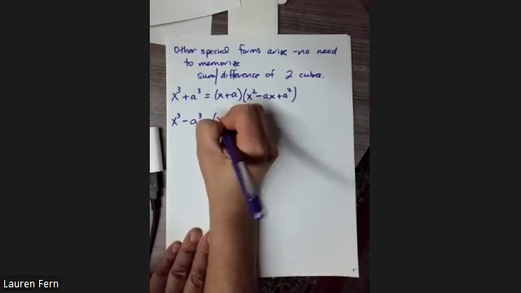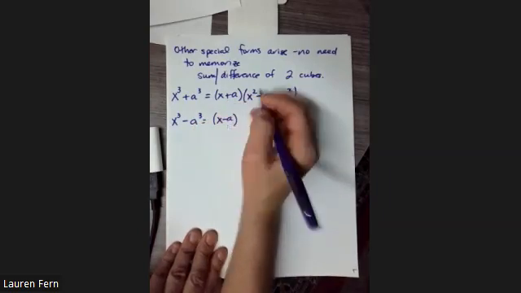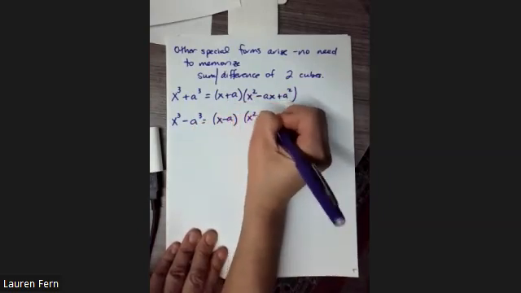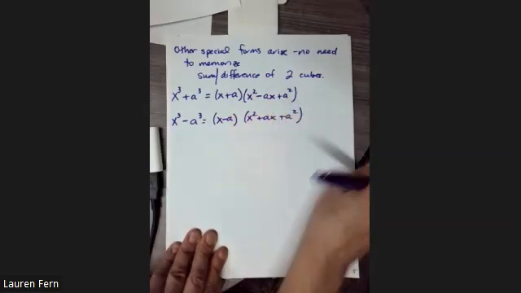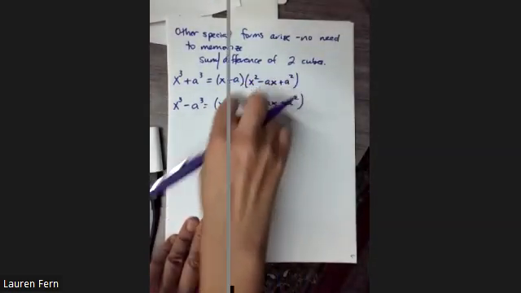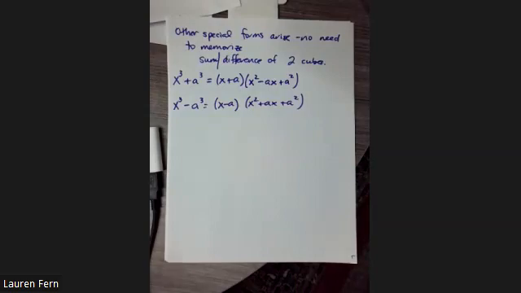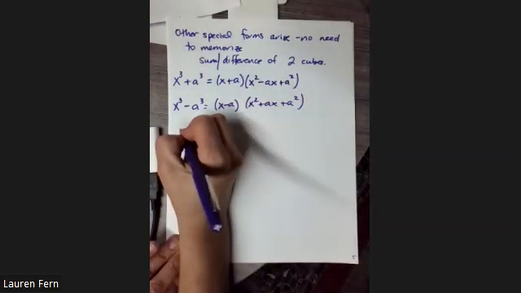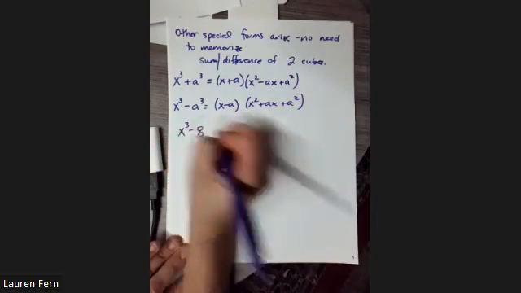And this one's going to be just the opposite in terms of those signs. You can use the distributive property to prove to yourself that you have equality here. So just as an example, x cubed minus 8.